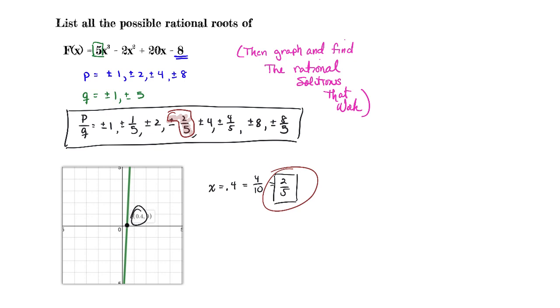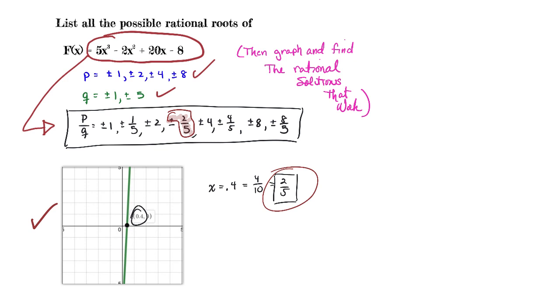But that's it. Now today on your assignment, I've given you the function. You're going to list your p's over q's. So you're going to have to find your p's, find your q's, and make all the combinations. But I've also already given you the graph, so you don't have to go to Desmos.